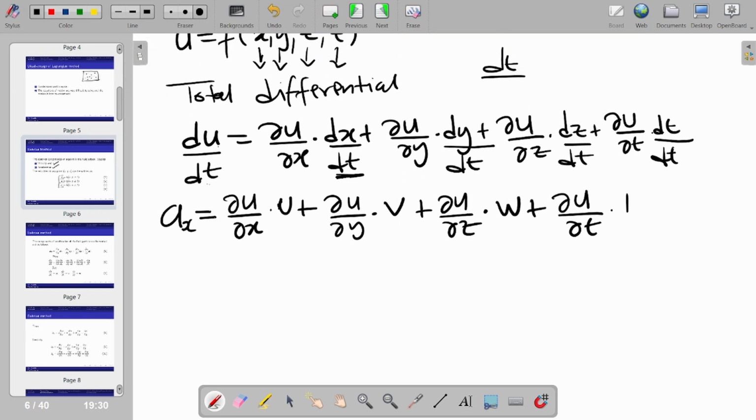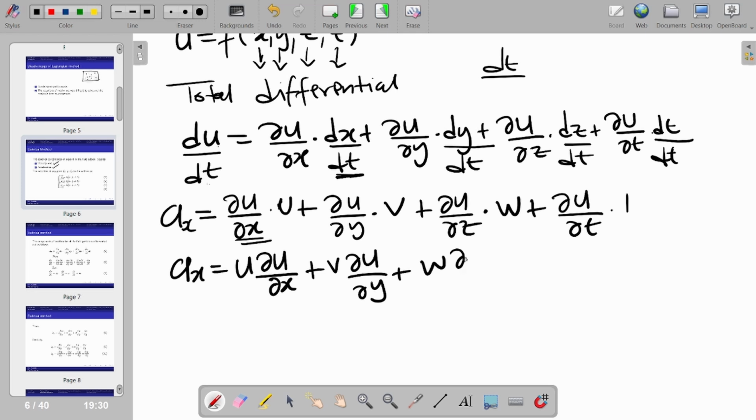So let's write this differently. Let's write this as ax will be equal to, instead of writing this first, let's write our u first, u partial u over x plus v, we should write our v first, v partial u over y plus w, partial u over z, plus partial u over t.